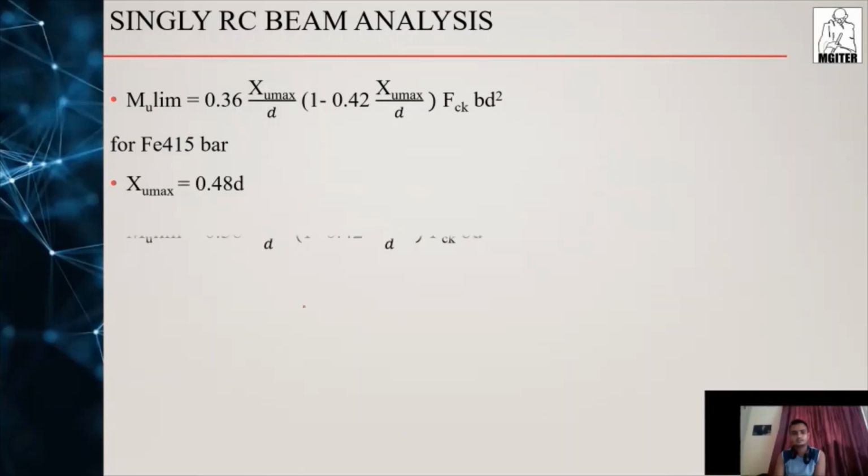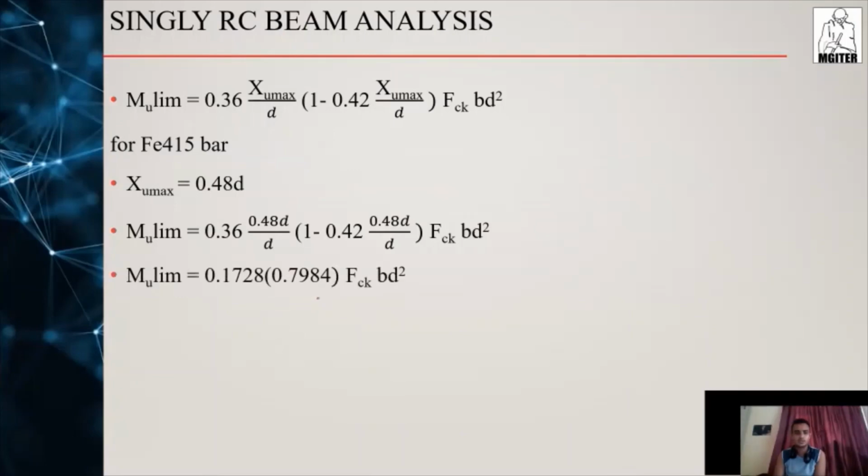After providing 0.48 d, we get the equation here: 0.138 fck b d square for Fe415 grade of steel. Understood?